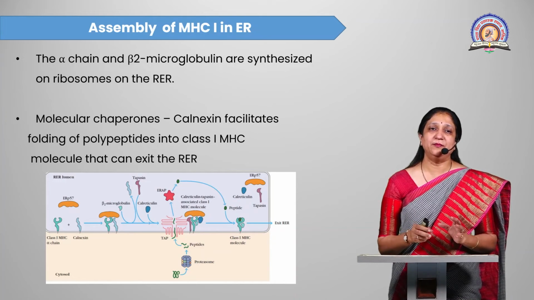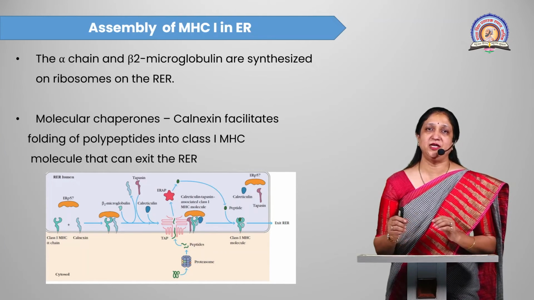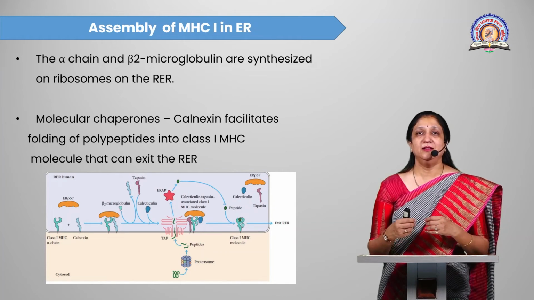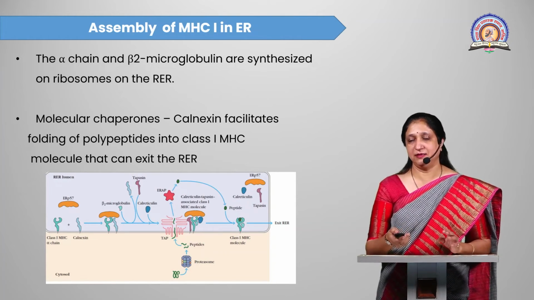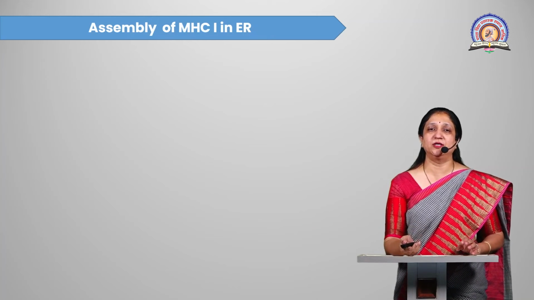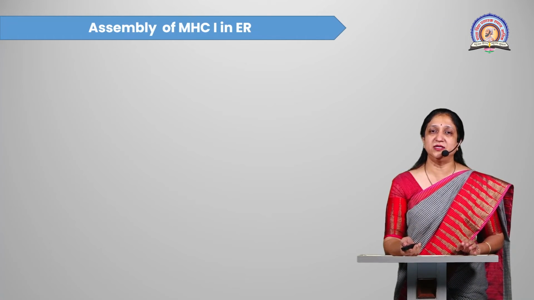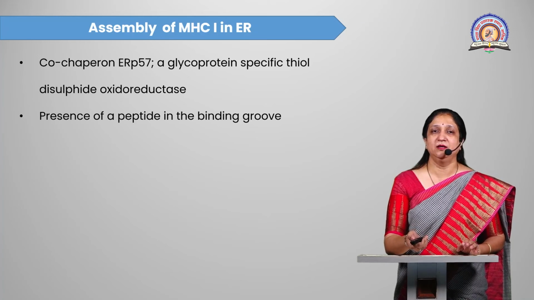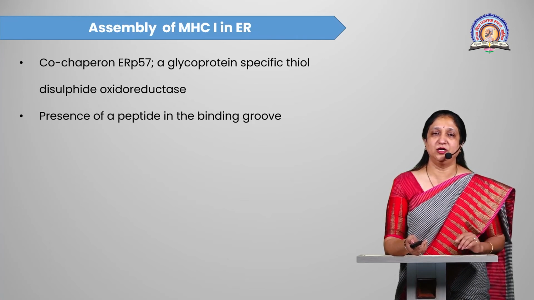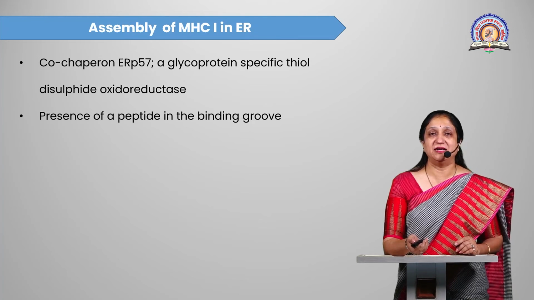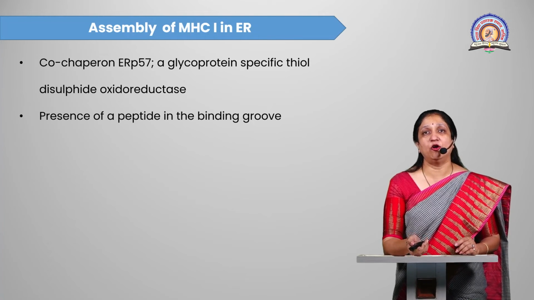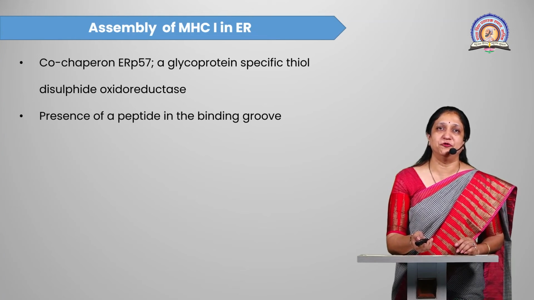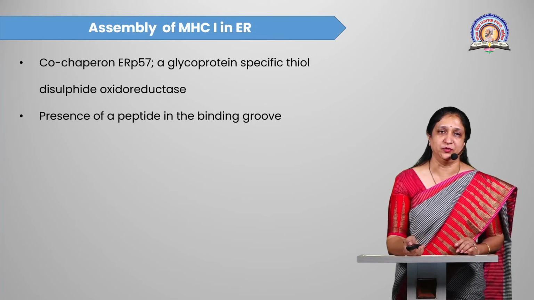This class 1 MHC molecule, that is the alpha chain bound to the beta 2 microglobulin, then leaves the calnexin, that is the molecular chaperone calnexin, and associates with the calreticulin, which is another molecular chaperone which facilitates the binding of the tapasin protein to the structure of the class 1 MHC molecule.